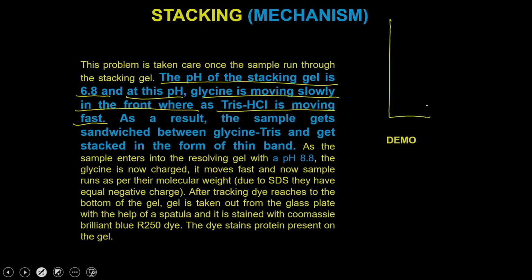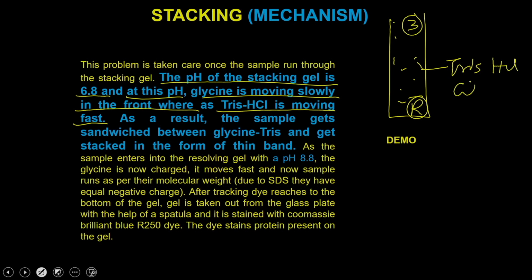So, you can imagine that you have this well where this is sample number 3 and this is sample number R, which is very far away, but these samples are present in a buffer which has a composition of tris HCl and glycine, and the pH of this gel is 6.8, which is the pH of the stacking gel.